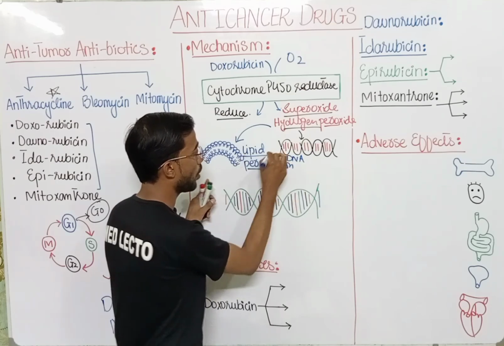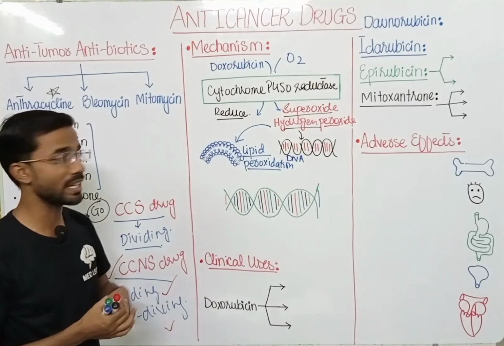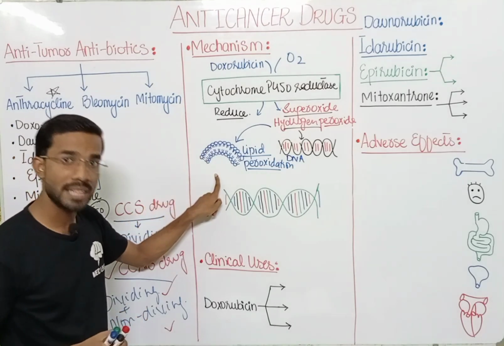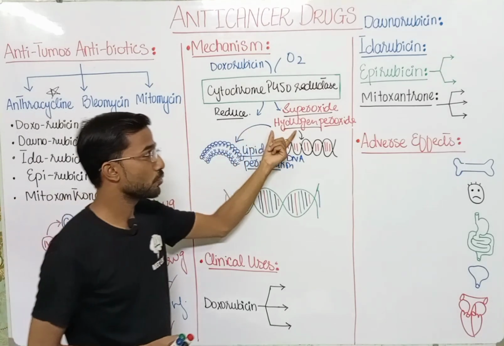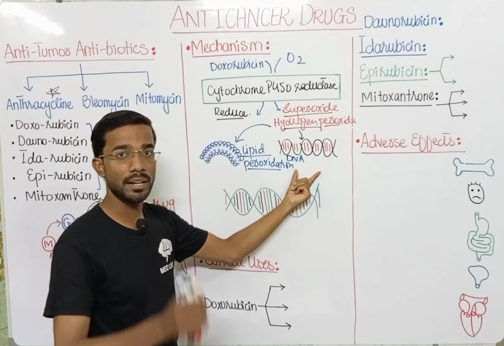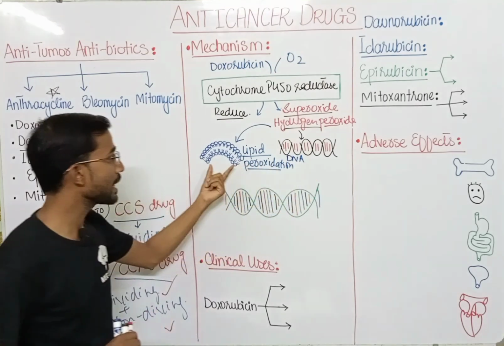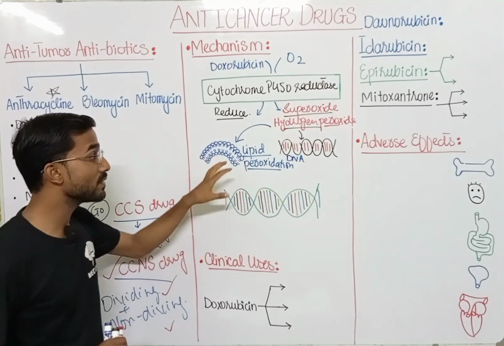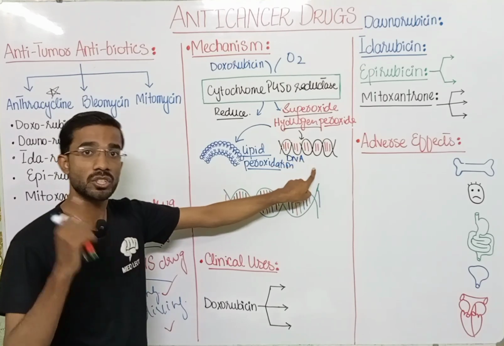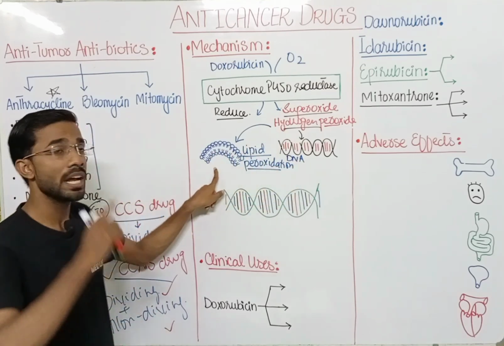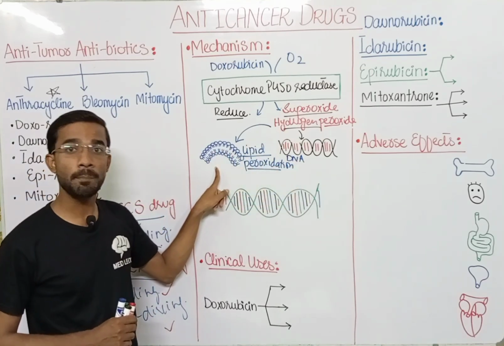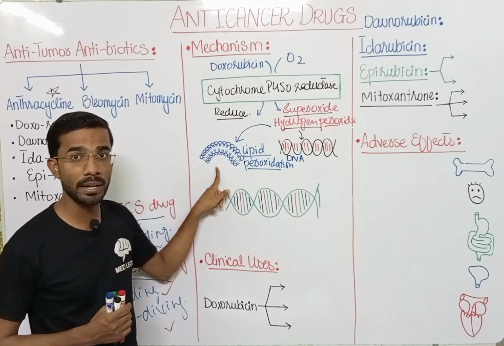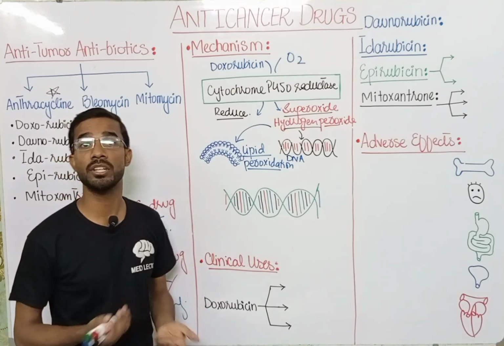When you see the lipid peroxidation, it will damage the cell. So free radicals act on the DNA and destroy the DNA. Second is the lipid peroxidation, and when you see the destruction of the DNA and the destruction of the lipid membrane, or you can say cell membrane, then ultimately the cell will be destroyed.